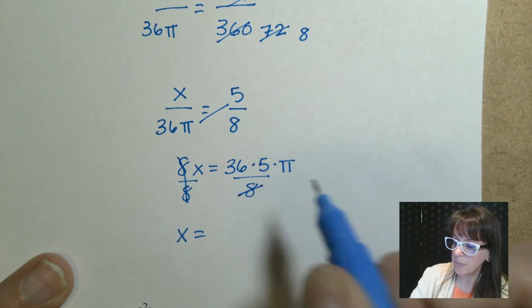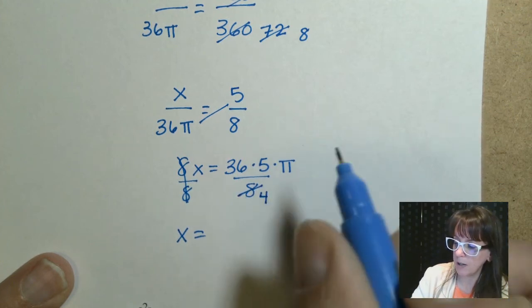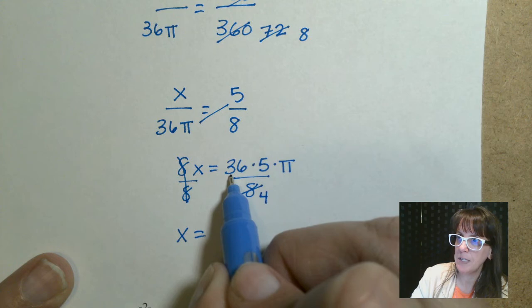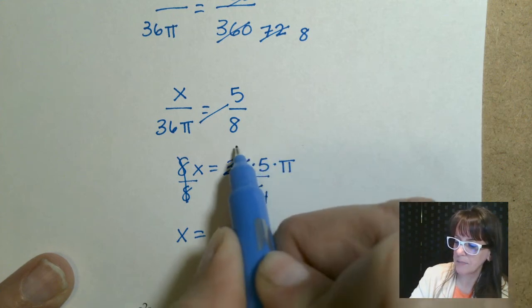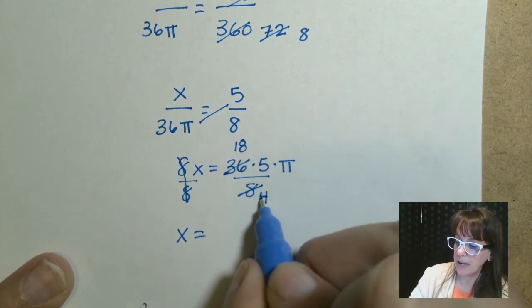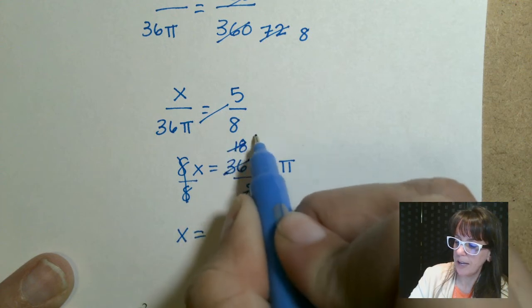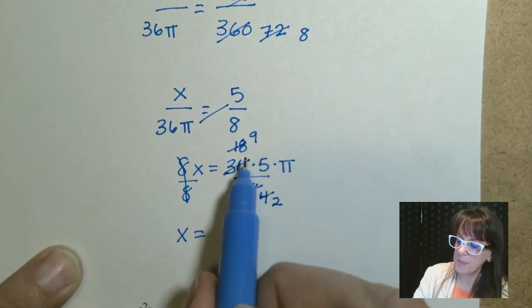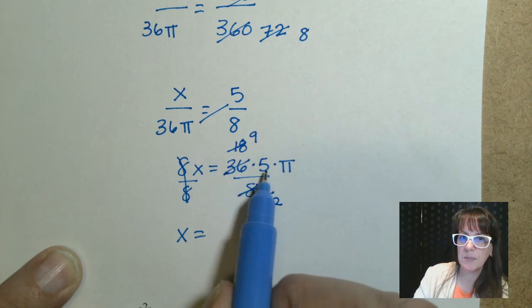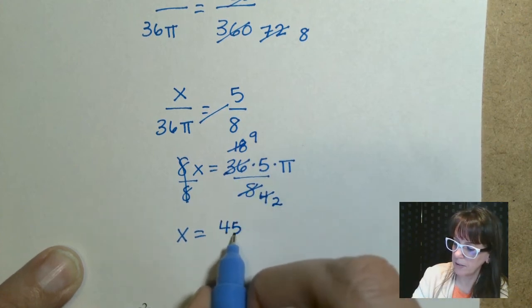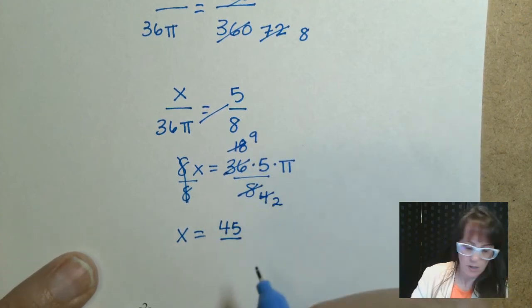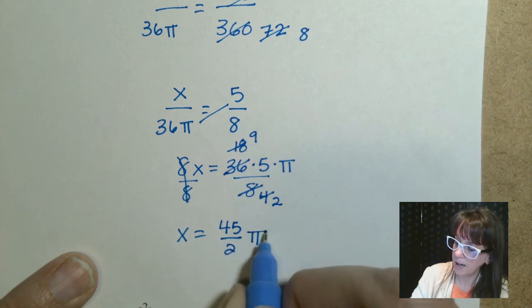Divide this, cut that guy in half, we get 4. If we cut this in half, we get 18. And we can cut it in half again. We do 2 and 9. So we end up upstairs with 9 times 5, so that's 45, over 2 times pi.